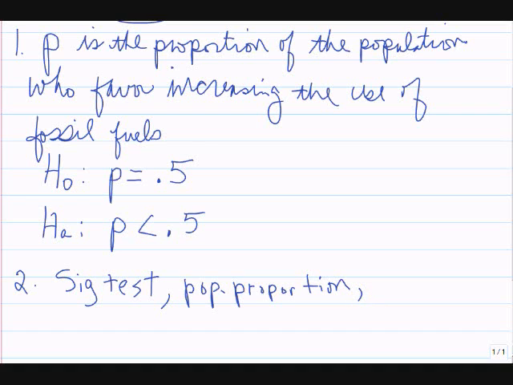Now, with proportions with confidence intervals, what distribution do we use? We only use t when we're doing means. We can use the normal distribution. And this is a single sample. We indicated a one-tail test by that alternative hypothesis.